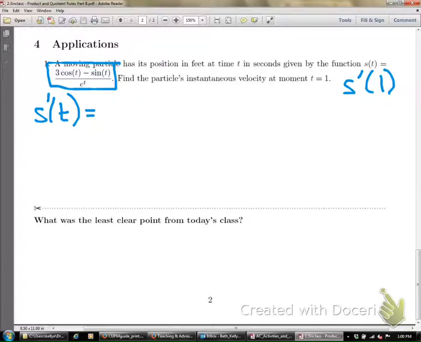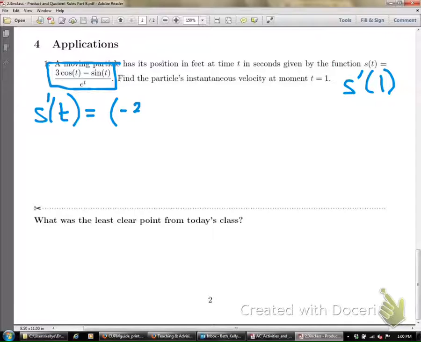So to use the quotient rule, the first thing we need to do is take the derivative of the numerator. We've got a difference there, so we can take the derivative of each part separately.